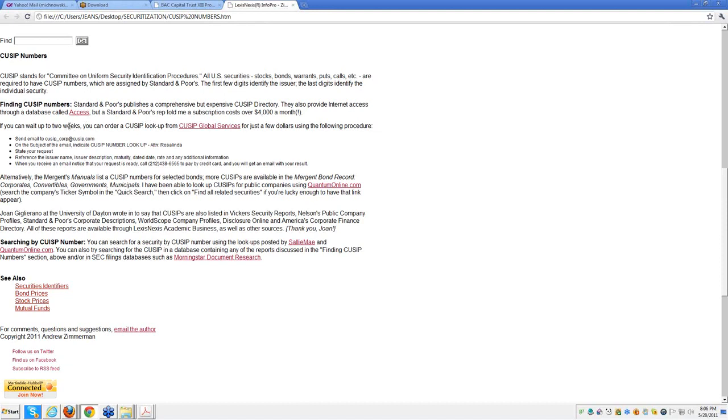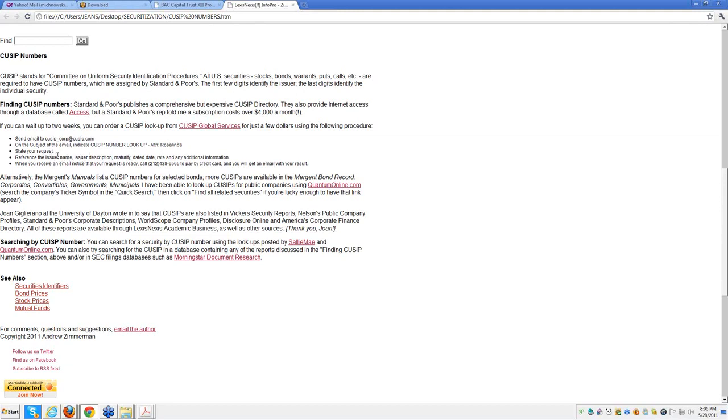If you want to wait for up to two weeks, you can order a CUSIP lookup from CUSIP Global Services for just a few dollars. It tells you how to do it. Send an email to CUSIP corp at CUSIP.com. On the subject of the email, indicate CUSIP number lookup, attention Rosalinda.